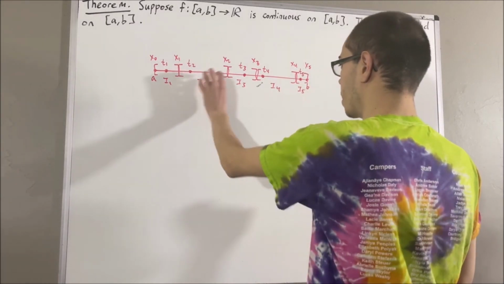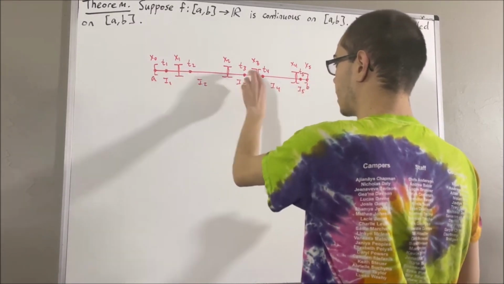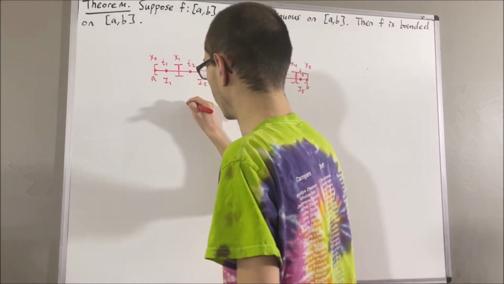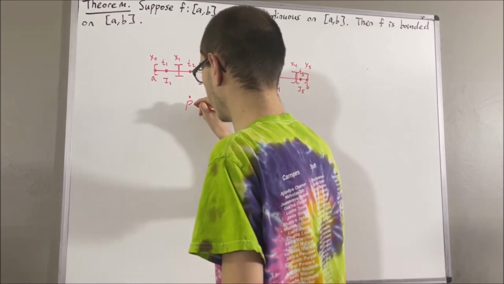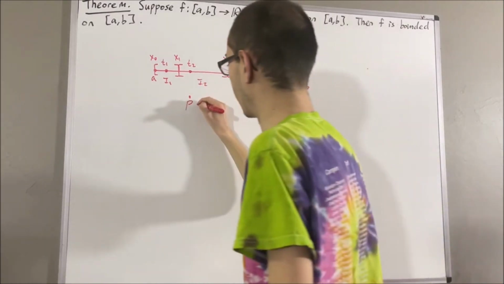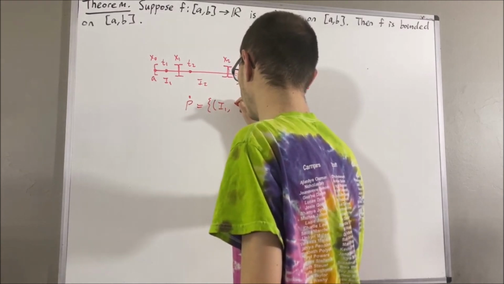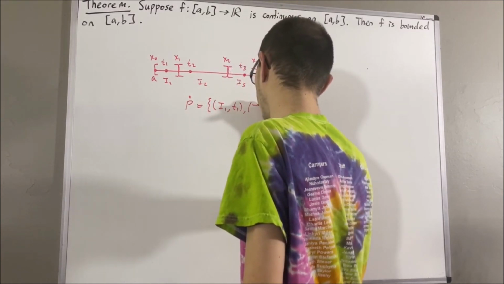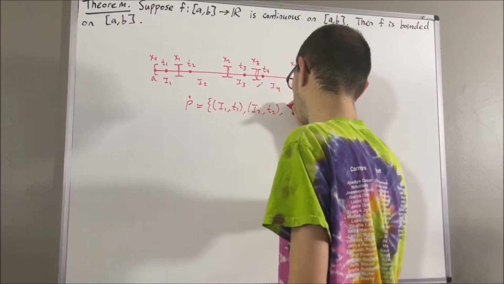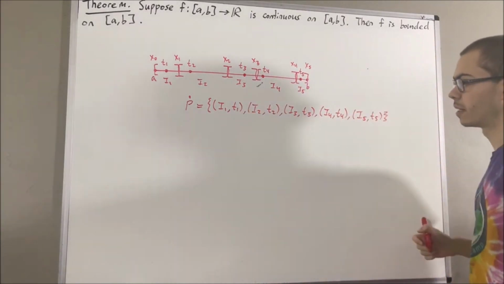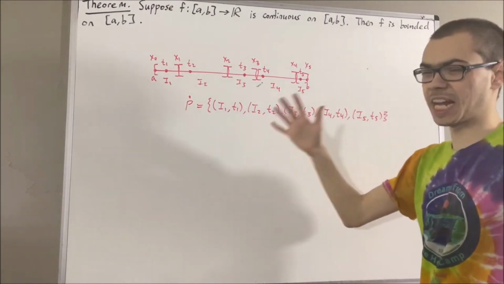So this collection of subintervals, along with the tags, is what we call a tagged partition. And the way we label a tagged partition is usually a letter with a dot on the top. And the collection is pretty much the collection of subintervals along with the tag in each subinterval. So just like that.